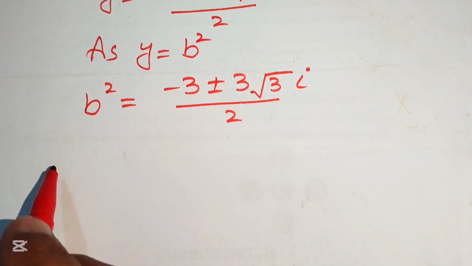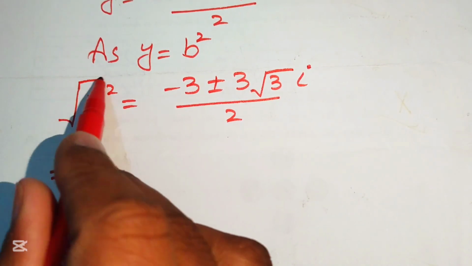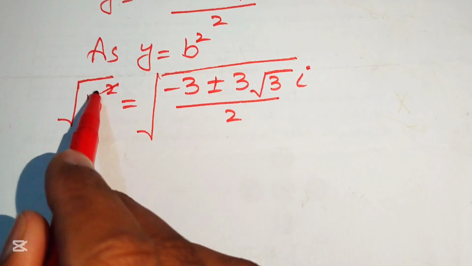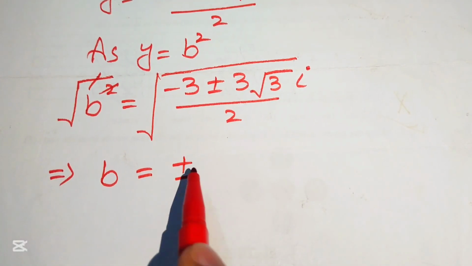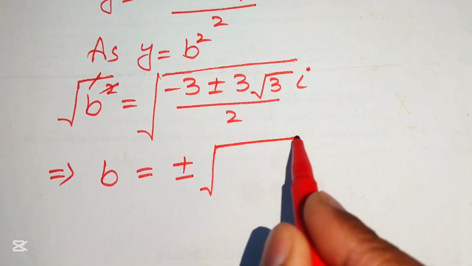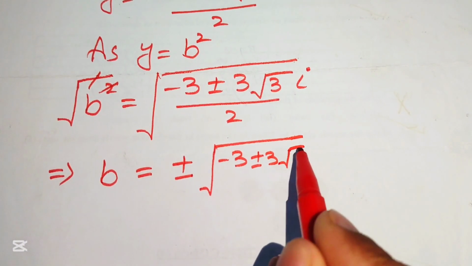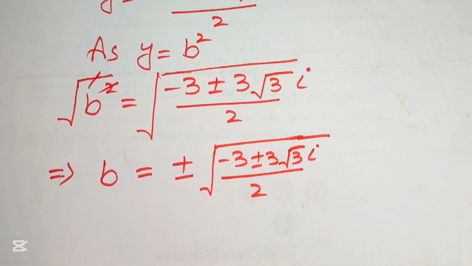Further, we take the square root on both sides of this equation. The square and square root are gone, and you get b equals plus minus square root of minus 3 plus minus 3 into square root of 3 iota, divided by 2.